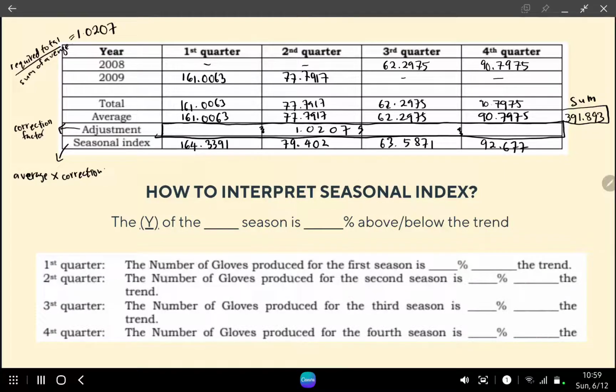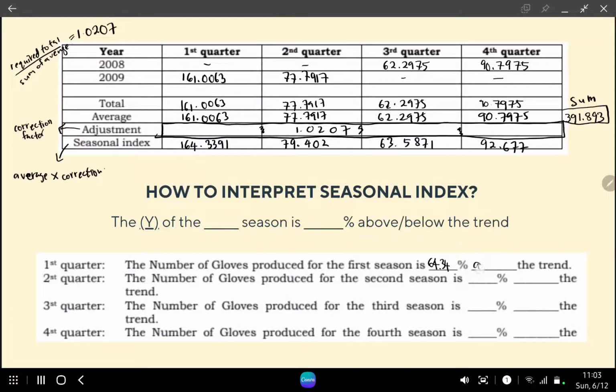What is the percentage of the increase? We need to calculate it: this value subtract 100. So the percentage is 64.34%.